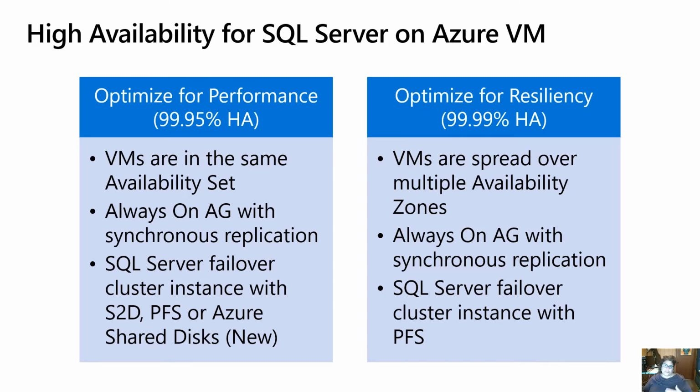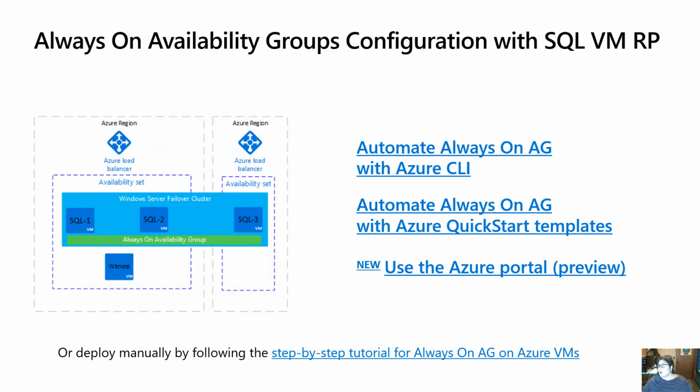So you have slightly higher availability because they're completely separate, but they're not necessarily going to be close to each other, which means that your performance could suffer, particularly if you're doing a synchronous availability group where your transaction doesn't commit until it's committed on the secondary. In those cases, you might have to trade off a little bit of performance, but you can get better resiliency. So it's up to you whether you want to optimize for performance or for resiliency. So availability sets versus availability zones.